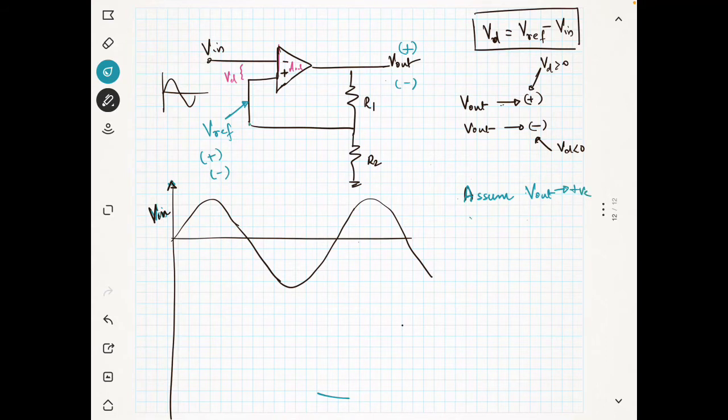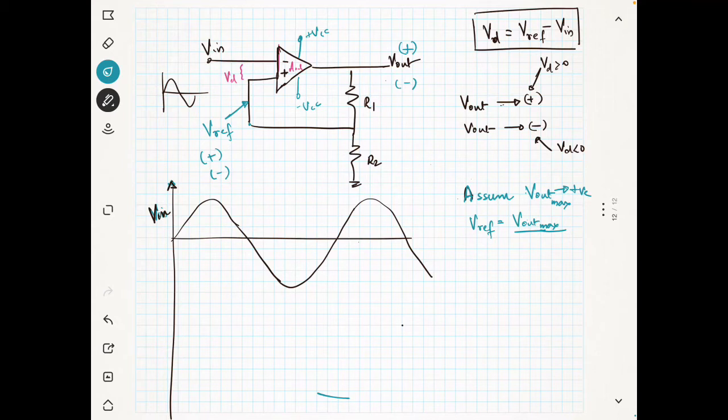We can find V reference as V out divided by... and V out will be maximum, like plus VCC or minus VCC. So V out can be maximum. I can write V out maximum also, because the output will move only to the maximum.